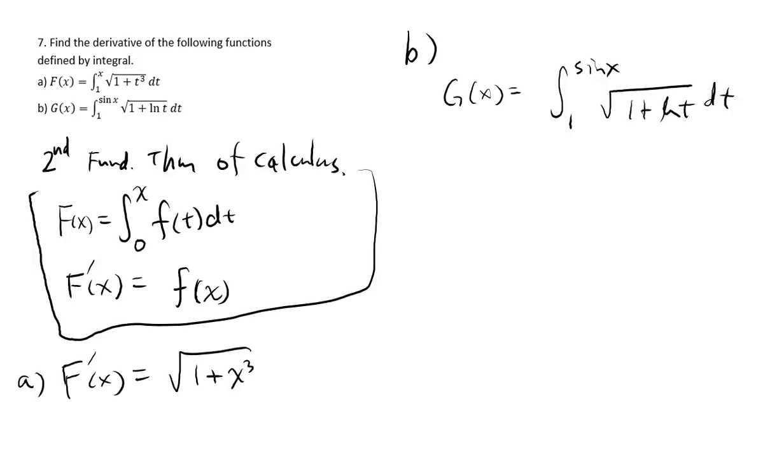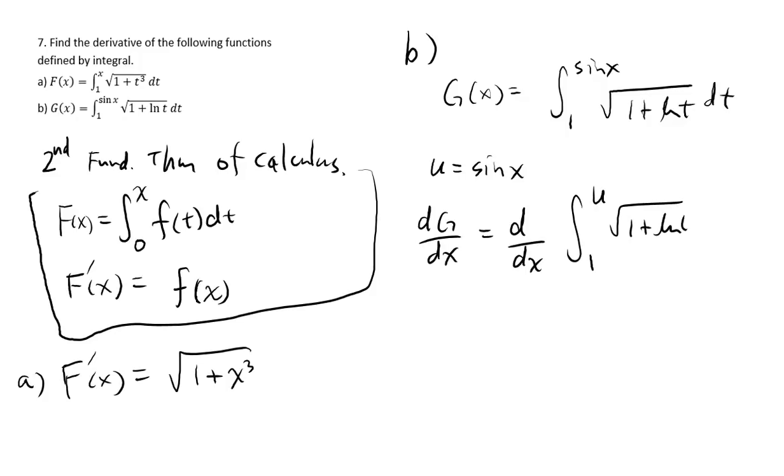Now one way to do this would be to set u equals sine of x, so that when you have dg dx, meaning that you're trying to differentiate d dx of the integral from 1 to u of square root of 1 plus ln of t dt, since now we have changed this into a function of u, you should try to change that as a derivative by u instead of d dx. Instead of d dx, you can rewrite this as d du.